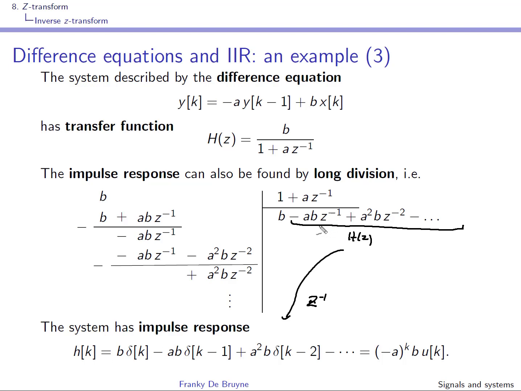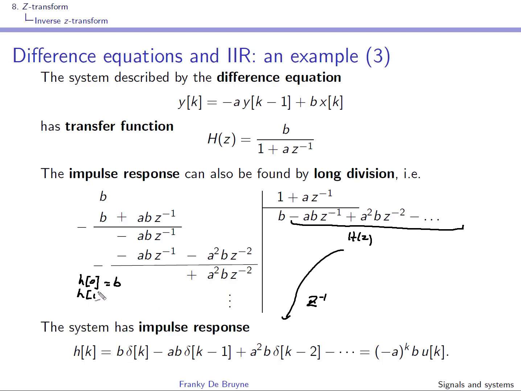This is a unit impulse but shifted to the right, so you have minus ab delta k minus 1 and so on. But this impulse response you can rewrite like this, and you can check that this is indeed the case. h0, if you compute it by this expression, in this sum there will be only one term contributing, the first one, so we have b, and if you plug in k equal to 0, you have b also.